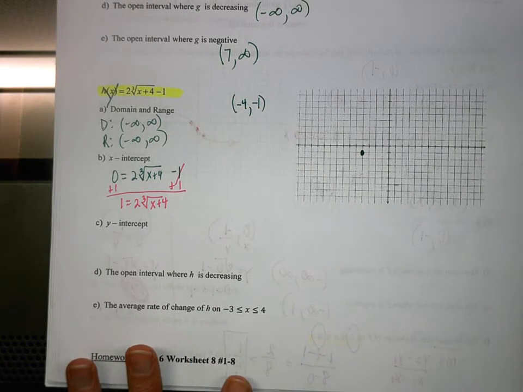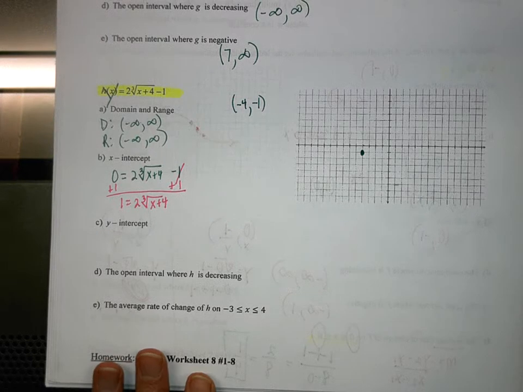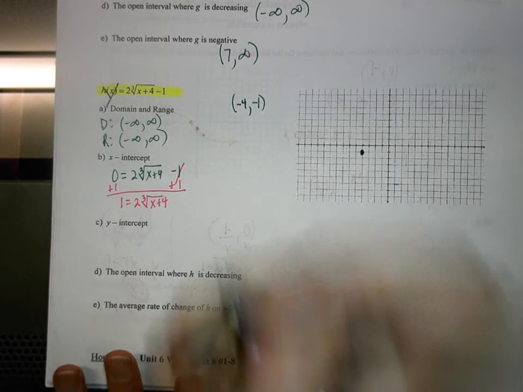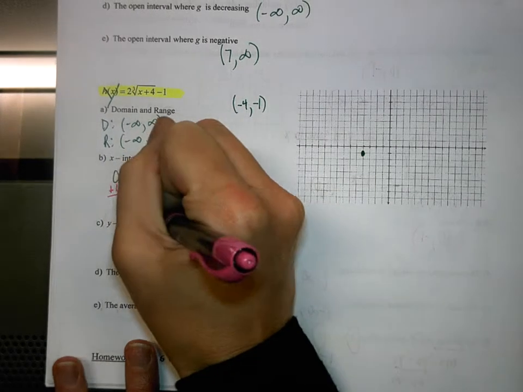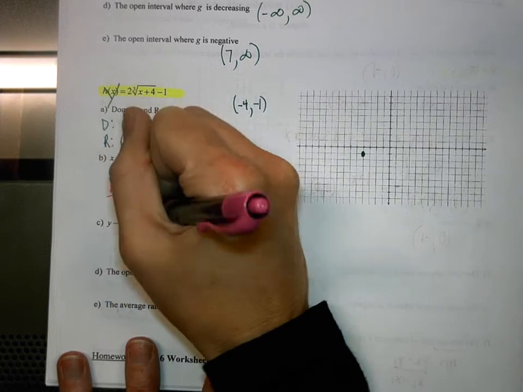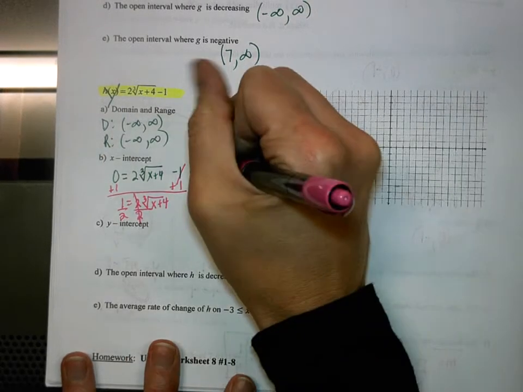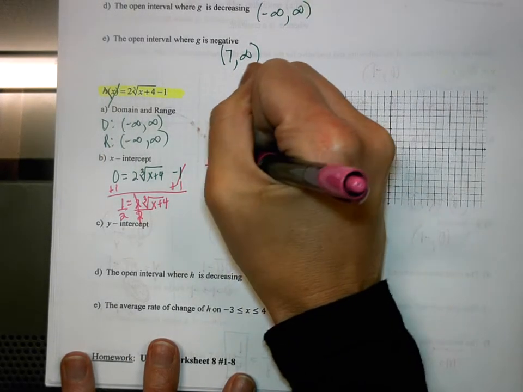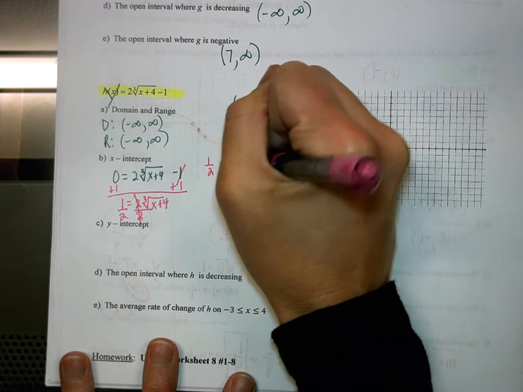We're trying to get the cubed root by itself. So you have a couple options, but I'm going to just do it the same way as we did before. I'm going to divide by 2 on both sides. These cancel out. So I have 1/2 equals the cubed root of x plus 4.